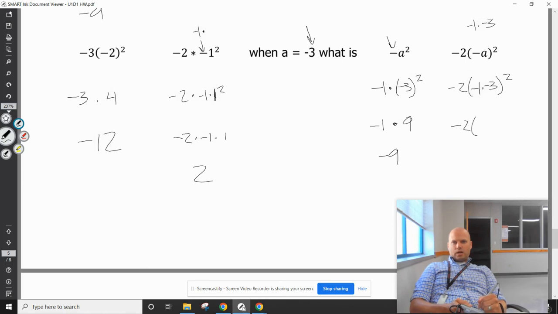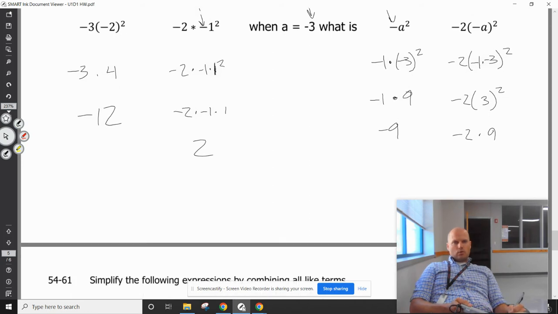Negative 2 times negative 1 times negative 3. I'm going to do that first. Positive 3. Now I have to do positive 3 squared first before I multiply by negative 2. These are the rules to the game. Follow the rules, and you'll win the level.